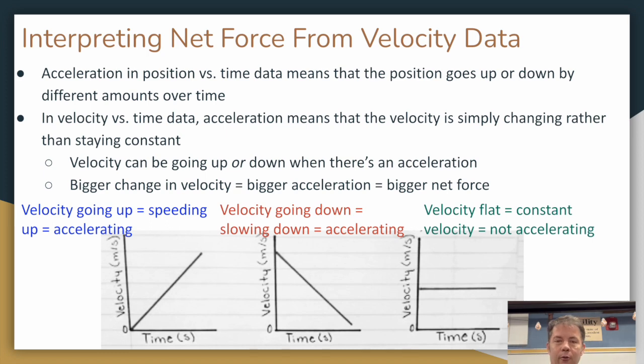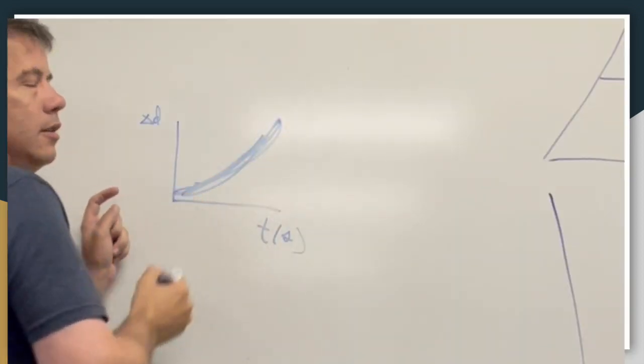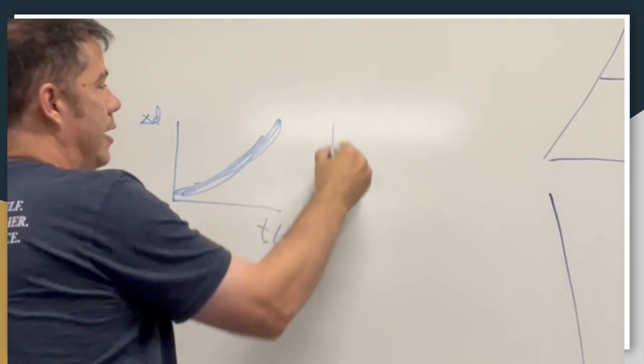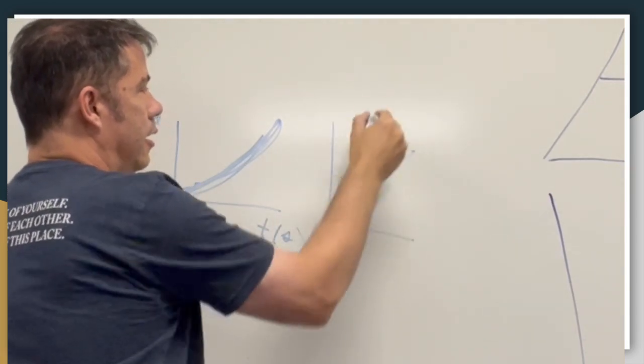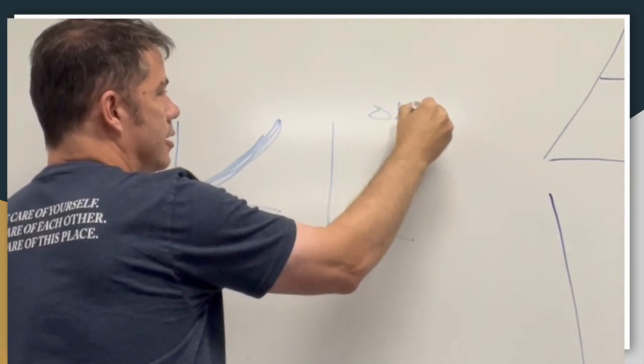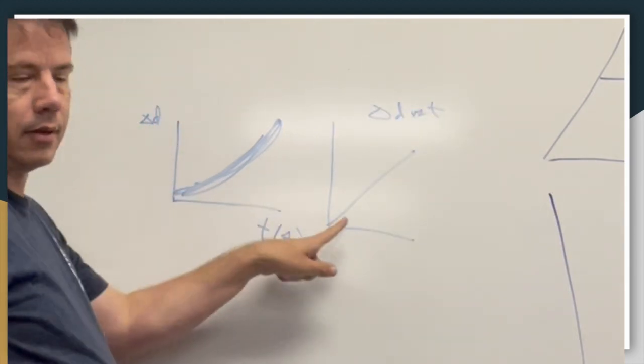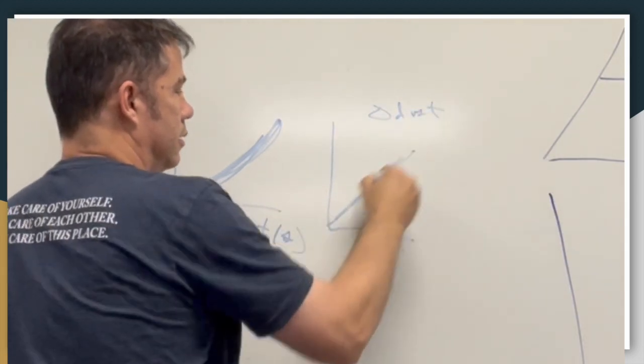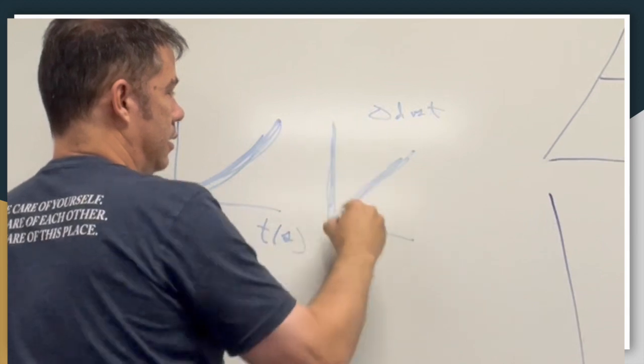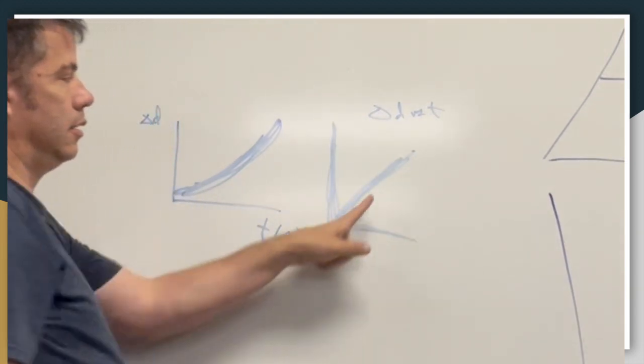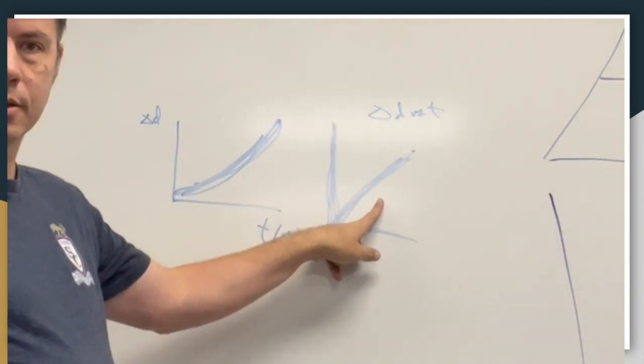So be careful, because your displacement versus time graphs will look different. Displacement versus time accelerating, see the curved line? That's curved. If I see a straight line on a delta D versus T graph, that means constant speed.